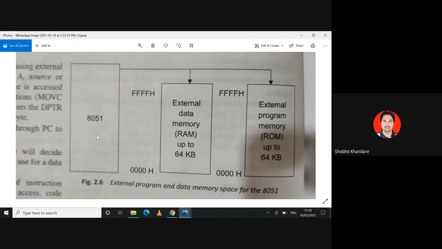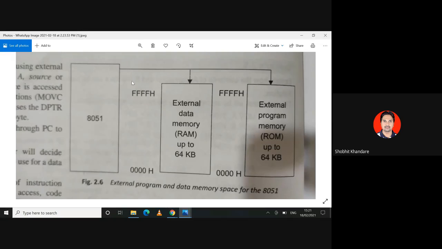So my third question is, if I want to use 64 KB of memory, मैं सिर्फ memory बोल रहा हूँ, RAM और ROM नहीं बोल रहा हूँ. So if I want to access 64 KB of memory, that means I can use all 16 address lines. Yes or no? Yes, sir.